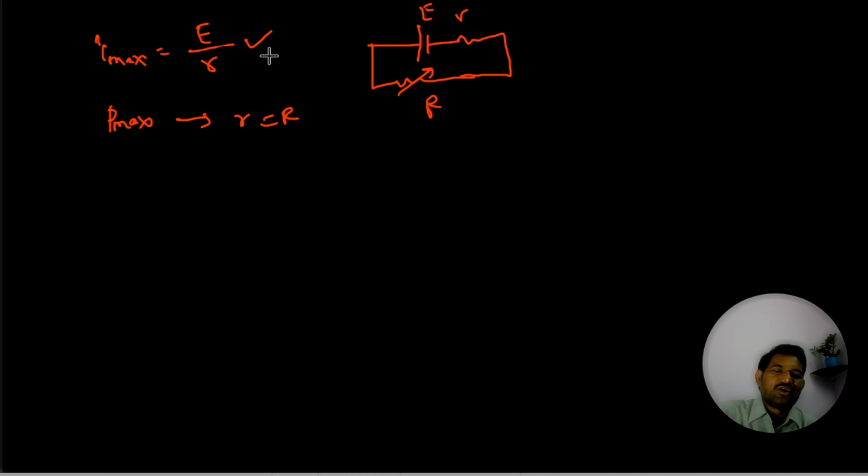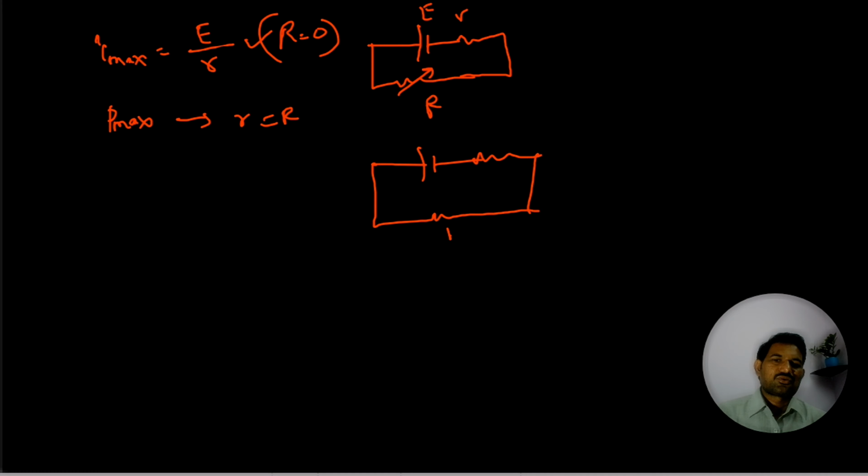That means no power will be delivered to the external resistance, because the external resistance itself is not there. The cell is short circuited in this case when capital R is equal to 0, right? So if they ask about the maximum current when capital R is variable, this is the condition when you will get the maximum current, and the maximum power you will get when small r is equal to capital R.